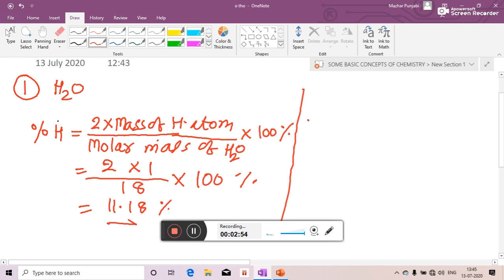Now let us find out the percentage of oxygen. Here in the water molecule there is only one oxygen atom.